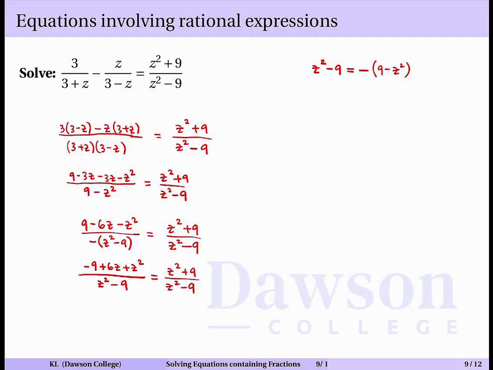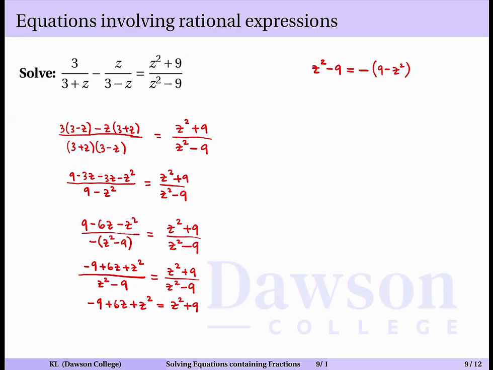So now you can see they have the same denominators. So we can just equate their numerators. For this one, we'll now have, let me just write it again, minus 9 plus 6z plus z squared. This is equal to z squared plus 9.